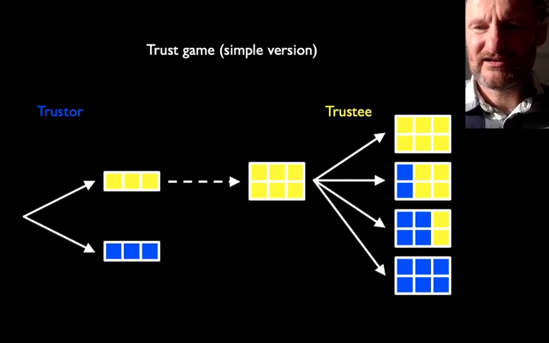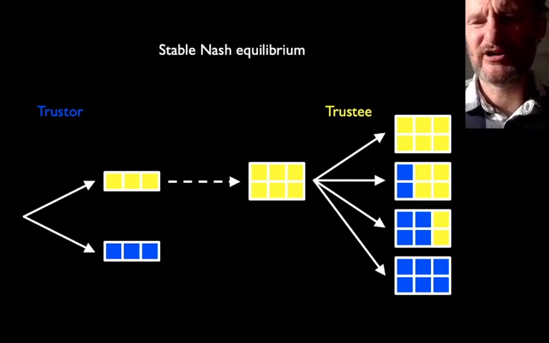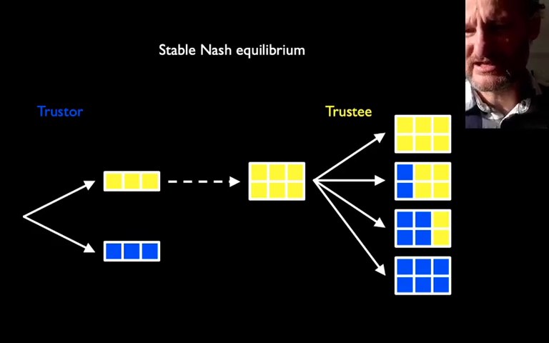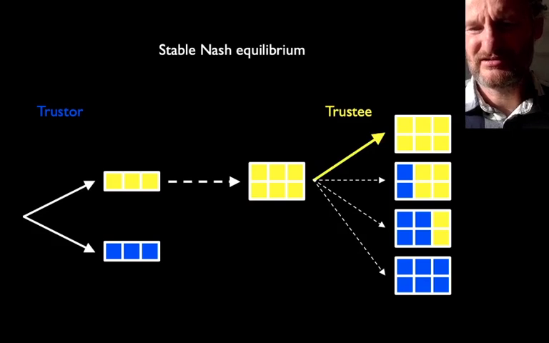Now, again, we can look for stable Nash equilibria. So if we start at the trustee side, you can imagine that there's always selection to send back less, because if you send back less, you keep more. So selection will make trustees send back no money.